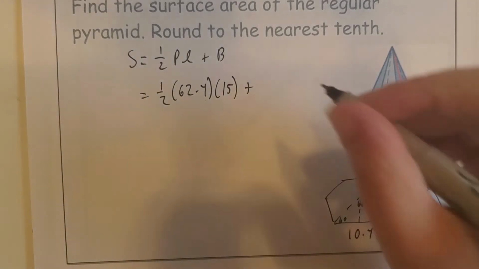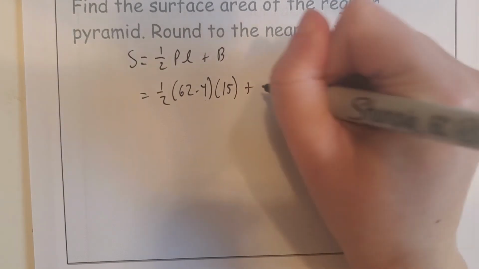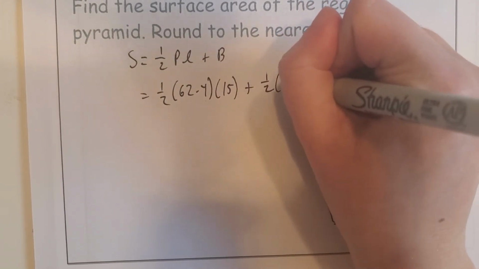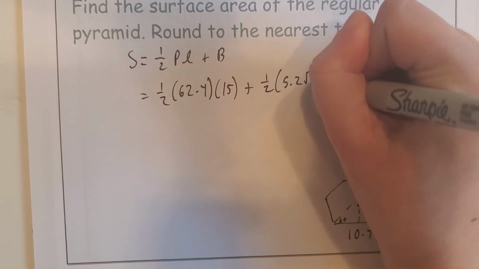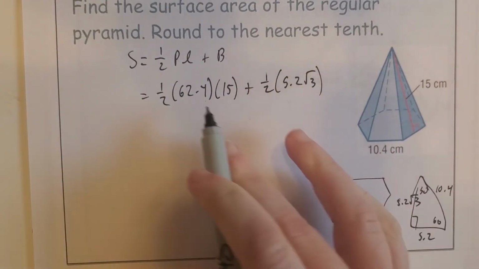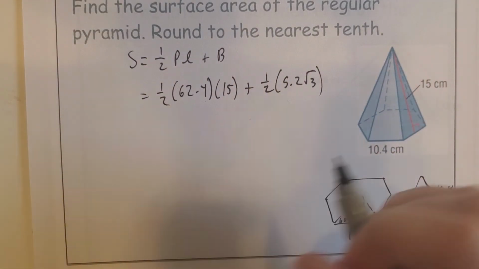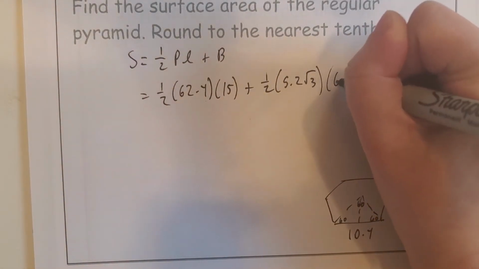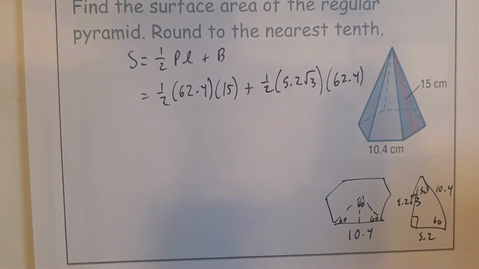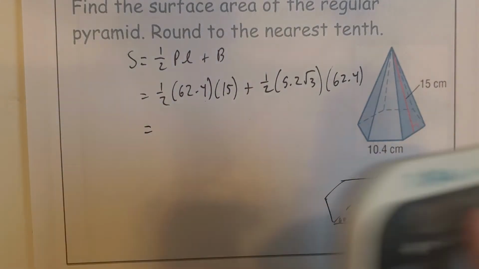All right? So I'm actually going to write that all out. The area of the base is 1/2 times 5.2 root 3 times the perimeter, which is the exact same perimeter we used over here. So that's also going to be 62.4. I'm going to have to put this in my calculator.